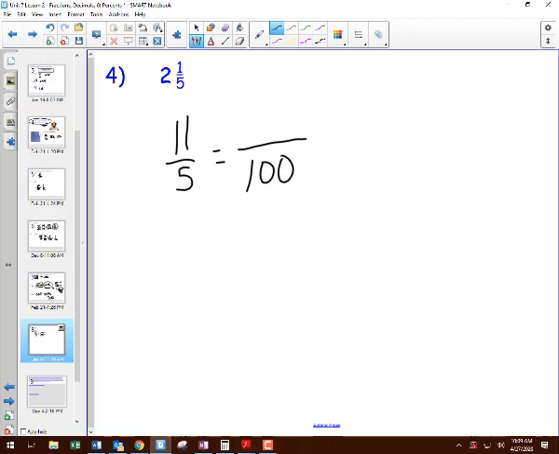Remember, if we're going to percents, we just want the denominator to be 100, because percents are out of 100. 5 times 20 is 100. Do the same to the top. 220 over 100 is just 220%. Percents are out of 100. So that's how we get that one.